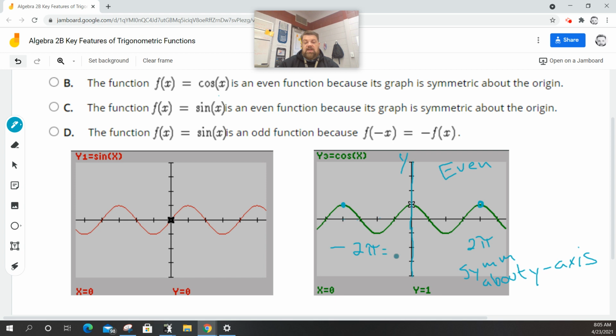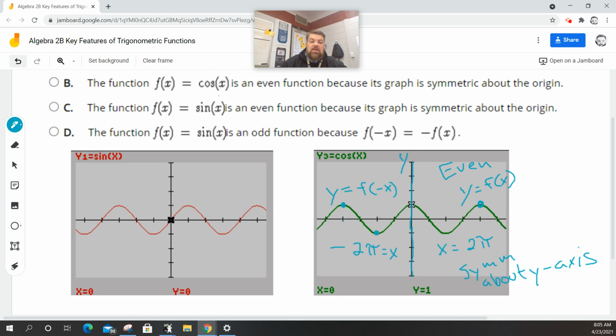So this is my x value here. This is my x value here, but notice that they have the same value. This is y equals f of negative x, but that is the same as the y value over here, which is equal to f of positive x. So cosine is even always.